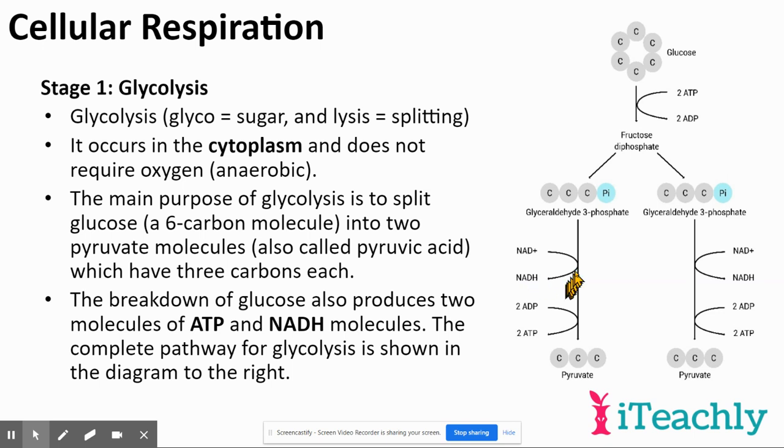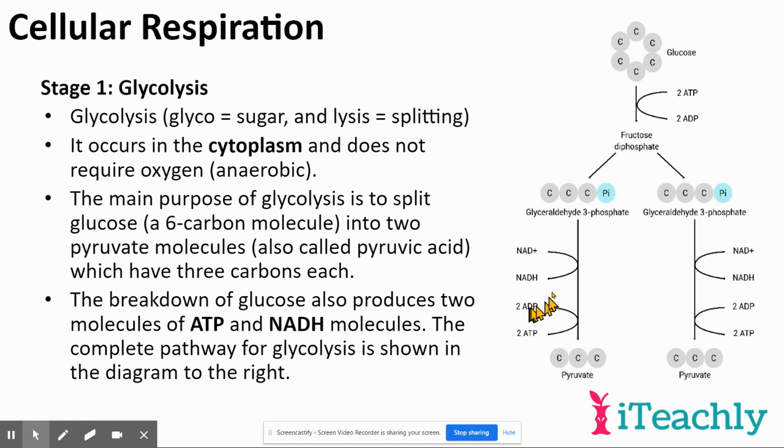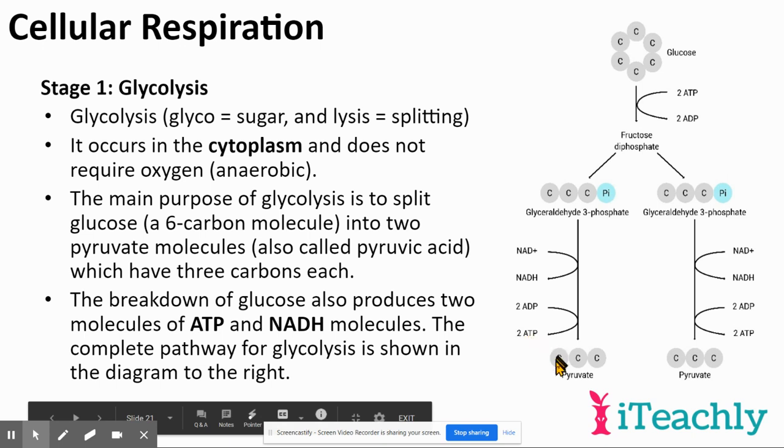All right. And then it's also going to cost 2 ATP. And then, I'm sorry, this phosphate is going to get attached back to this ATP. And then you're going to get 2 pyruvate molecules for one glucose.